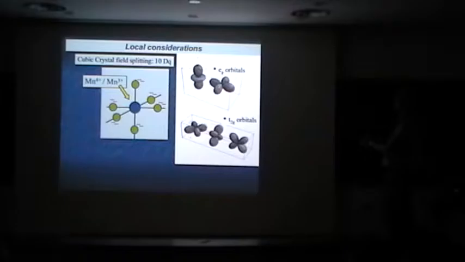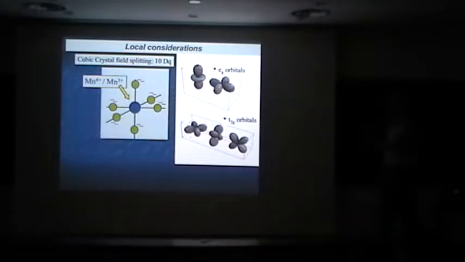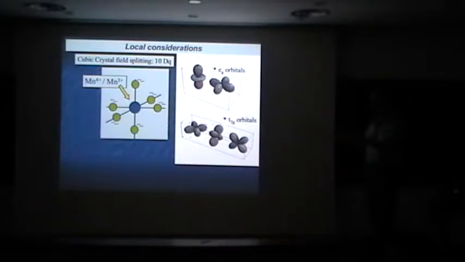Also this x squared minus y squared has its lobes towards these negatively charged oxygens. That means that the Coulomb repulsion between electrons in these EG orbitals and the negatively charged oxygens is large, and therefore these orbitals are pushed up in energy.